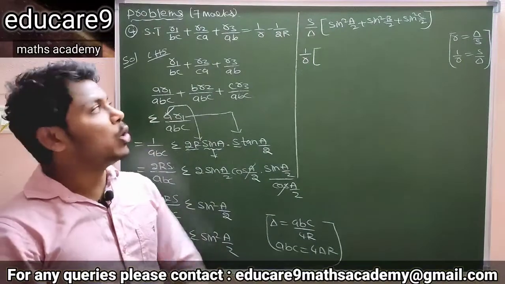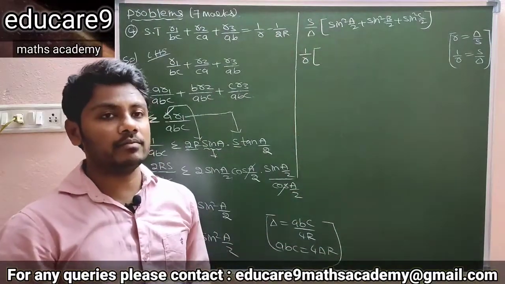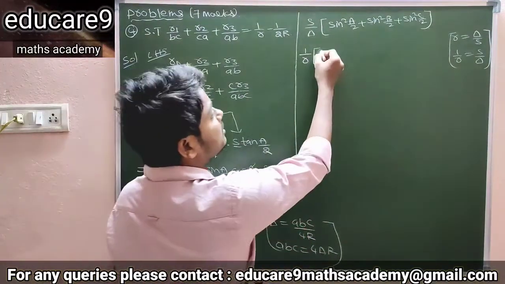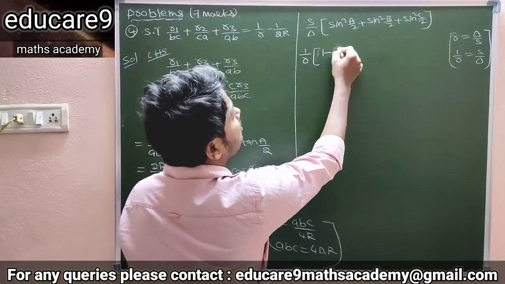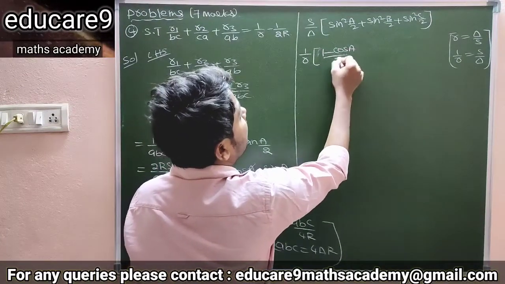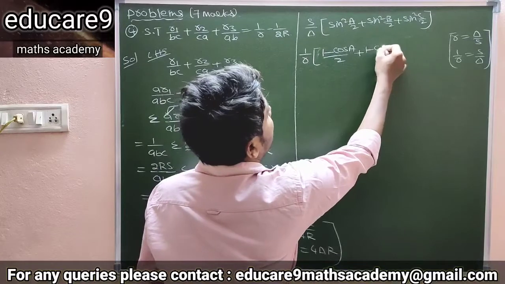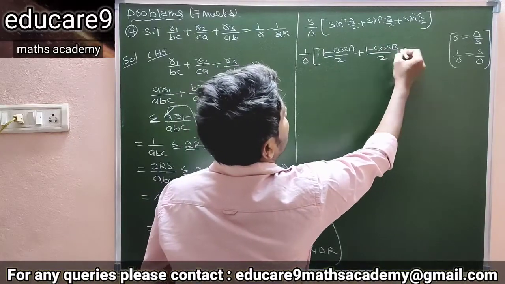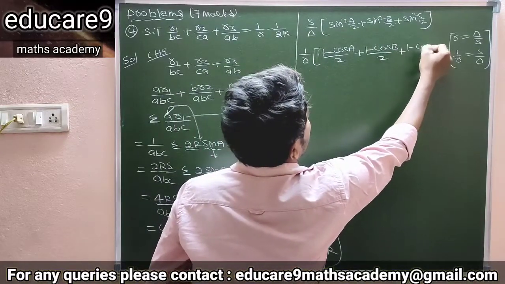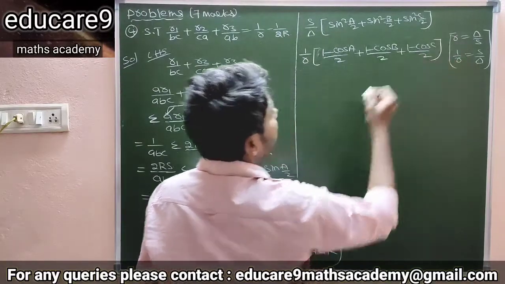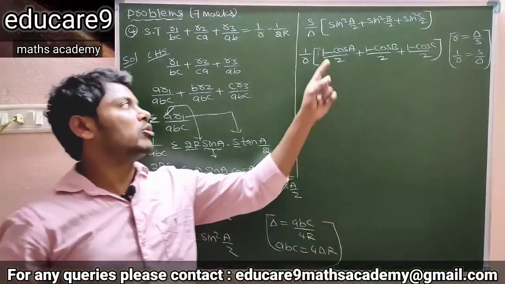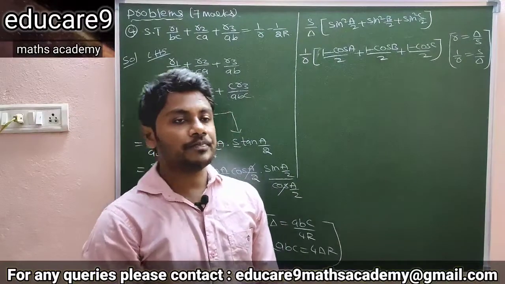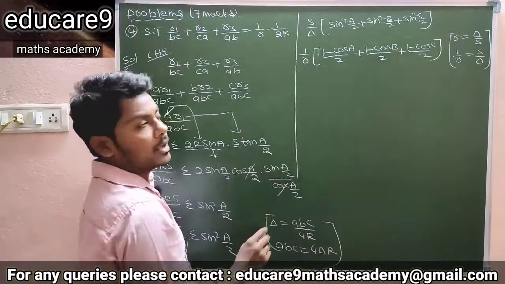Okay. So how to write sin square A by 2? Half angle formulas. That is 1 minus cos A by 2 plus 1 minus cos B by 2 plus 1 minus cos C by 2. Here we have to apply half angle formulas. Now here 1 by 2 is common in all terms.